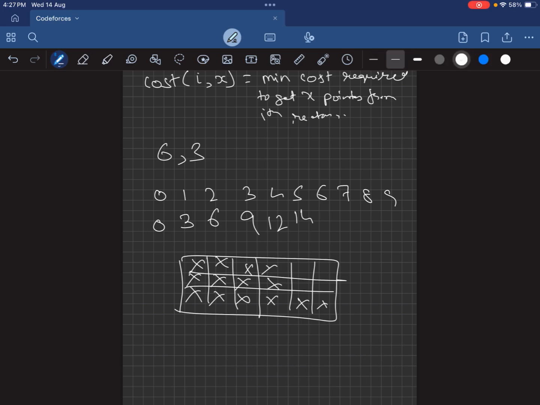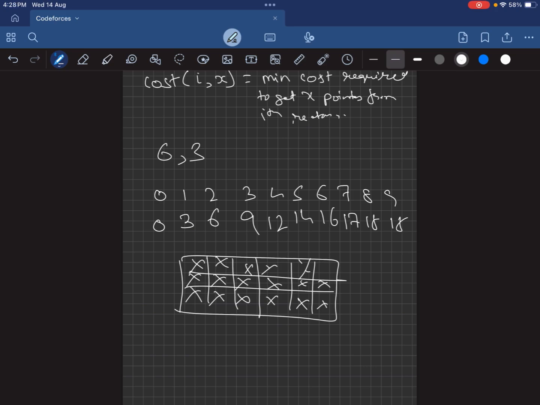Using this, to get 6 points we'll need to color 16 cells. To get 7 points we'll need 17 cells. To get 8 and 9 points, for both of them I will need a whole 18 cells, because by coloring the last rectangle you get 2 points.